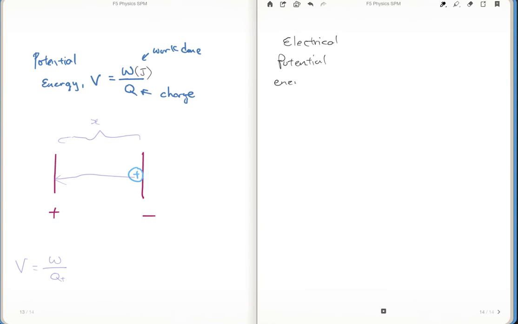So here we talk about electrical potential energy, in joules, and it's called the electron volt, a unit of energy like the joule. So the electric potential energy is converted to kinetic energy the moment you accelerate it.